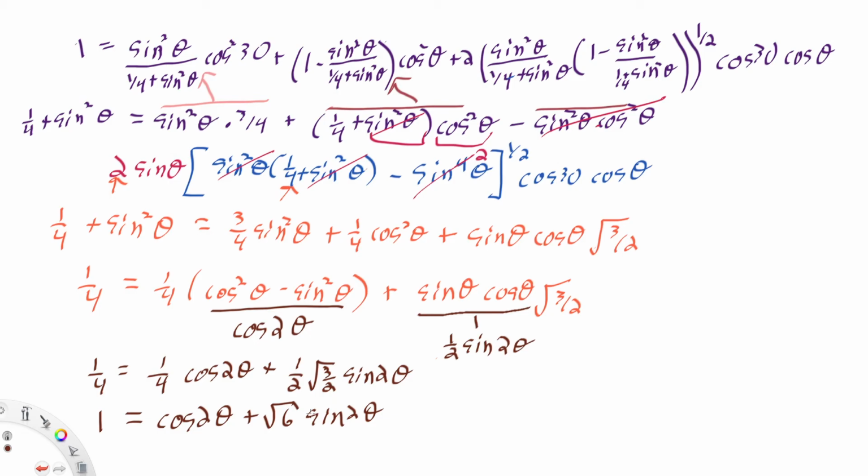Do not lose hope. If all is lost, right? This is actually simple enough that we could just go over to Desmos, graph this son of a gun, and see where cosine 2 theta plus square root of 6 sine 2 theta equals 1.